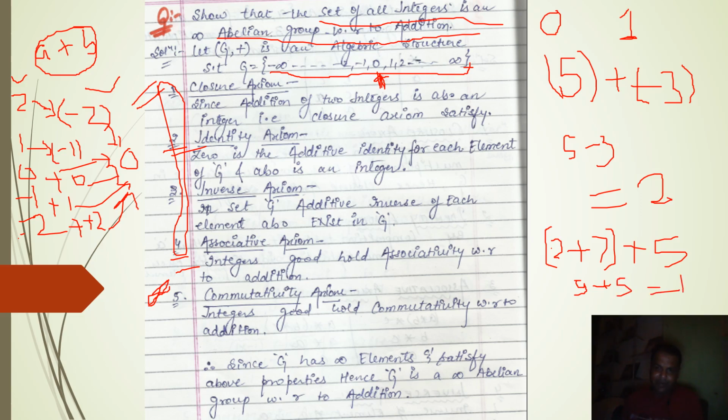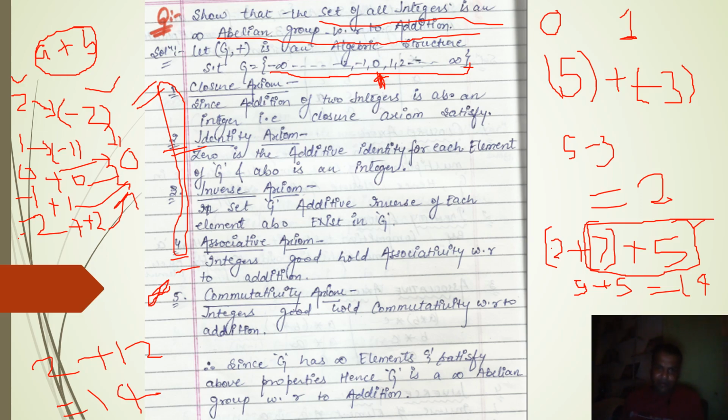But if I apply associativity here, I change its addition pattern. I am adding first the last two elements, 7 and 5. Then I get 2 plus 12, which is equal to 14. This is again 14. So we can say that integers hold associativity.